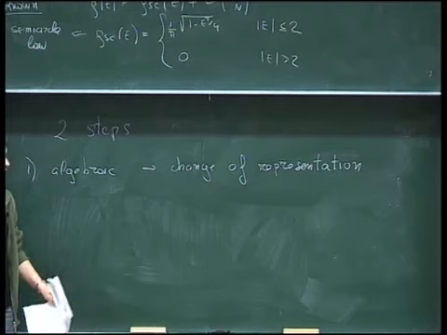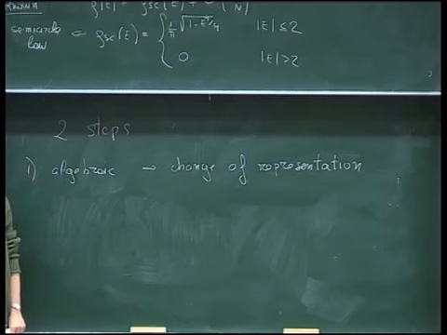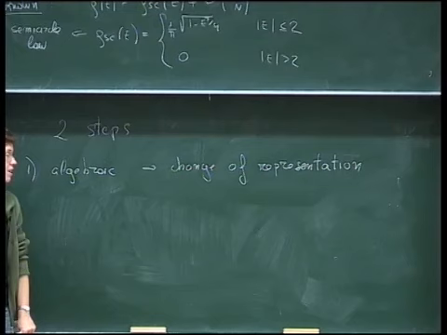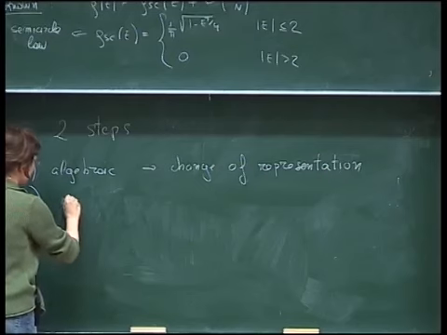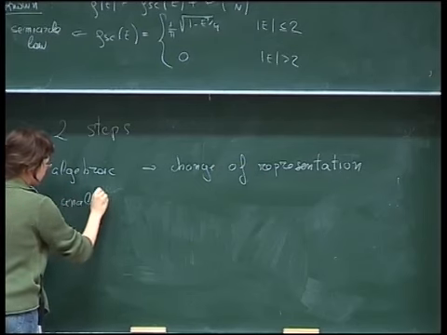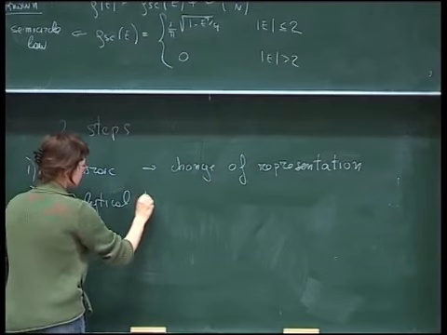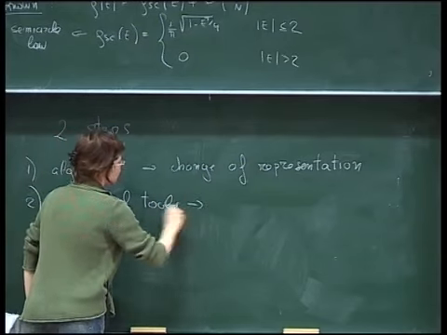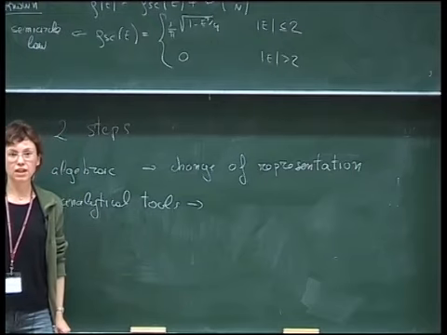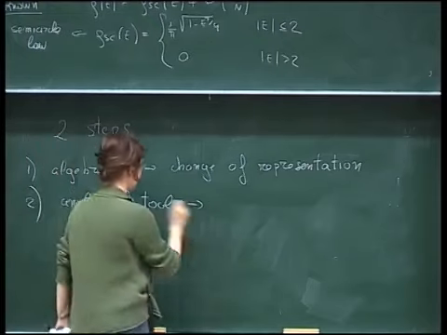But the idea is you have to find a new representation where saddle point analysis is possible. And once you are there, now you need analytical tools to make the saddle point analysis rigorous. And this can be pretty hard.